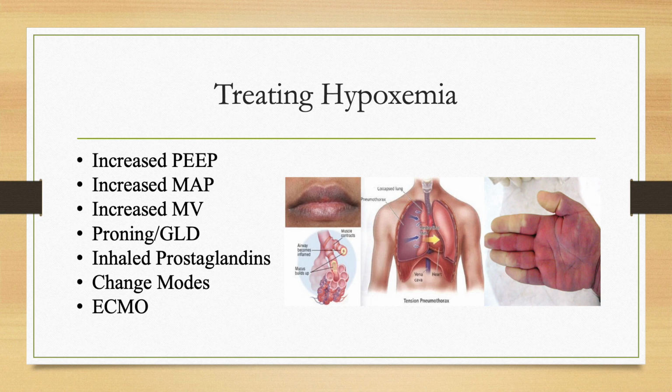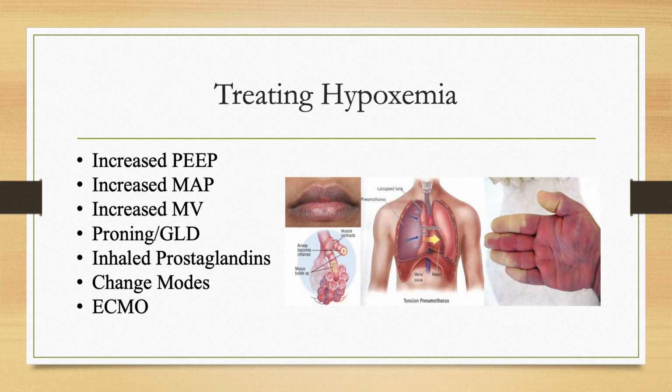This would involve increasing mean airway pressure. Mean airway pressure is achieved by increasing PEEP values or increasing I time. So the amount of time that it takes for you to inhale, if it's elongated, will increase intrathoracic pressure, just like increasing PEEP, and help to recruit your alveoli.